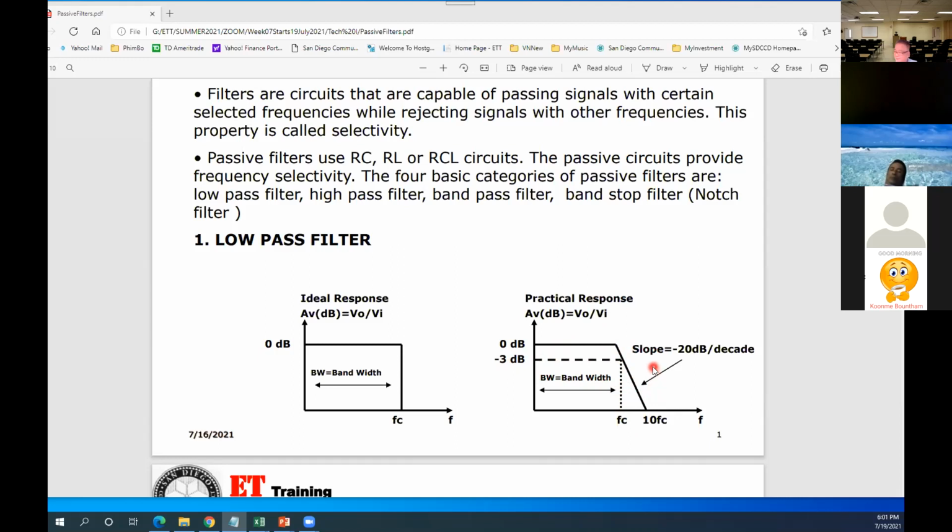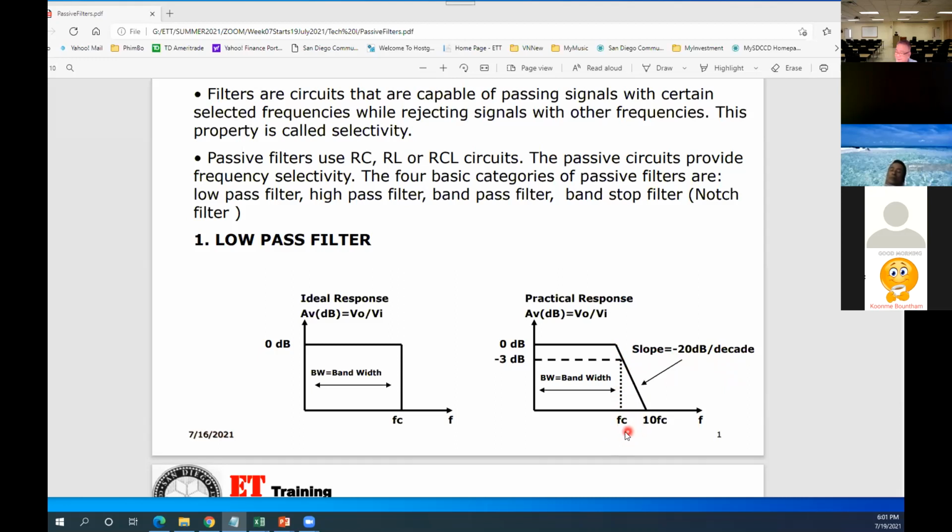Okay, and now they keep going down. What they said: slope minus 20 dB per decade. You understand a decade is 10. For example, cutoff 1 kilohertz. They will be going down 20 dB per decade.